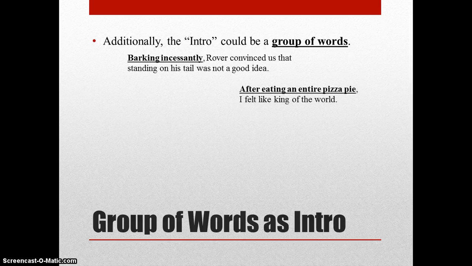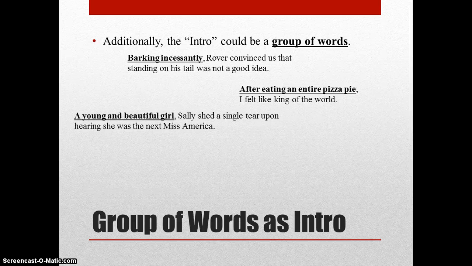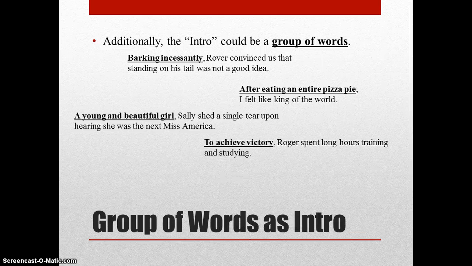After eating an entire pizza pie, I felt like king of the world. And I felt fat. A young and beautiful girl, Sally shed a single tear upon hearing she was the next Miss America. And one more example, to achieve victory, Roger spent long hours training and studying.